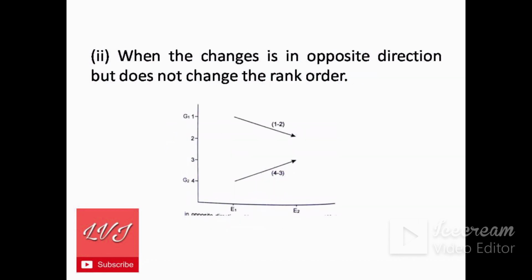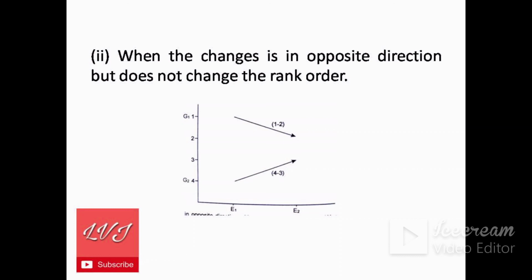This is the second type, when the change is in the opposite direction but does not change the rank order. Here we can see that for genotype 1, from environment 1 to environment 2 there is a reduction in performance, but for genotype 2 from environment 1 to environment 2 there is an increase in production.